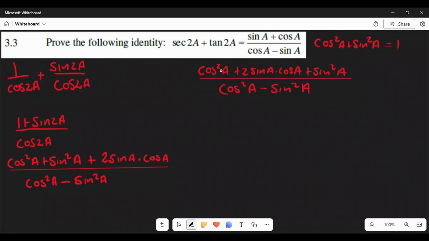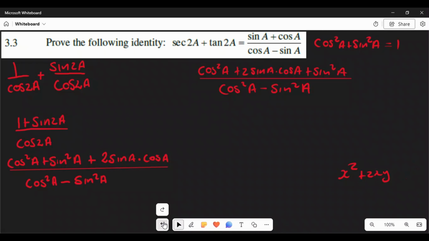If you look at this, guys, this is similar to x squared plus 2xy plus y squared. So you can actually factorize this. If we say cos is x and y is sine, you see it's kind of similar to that. I hope you are able to see that, right?